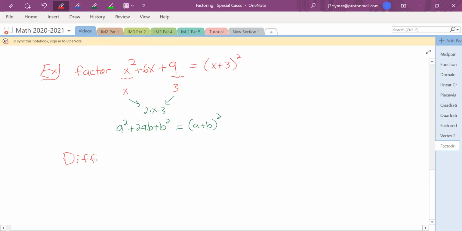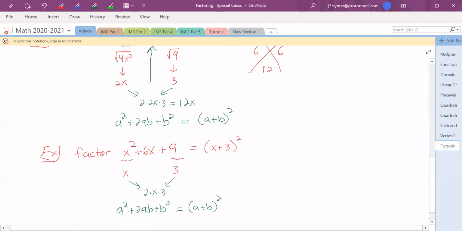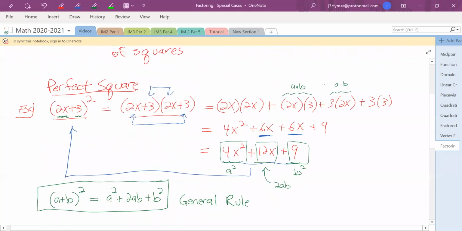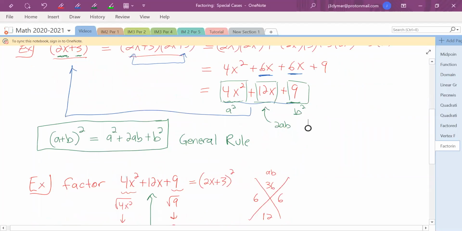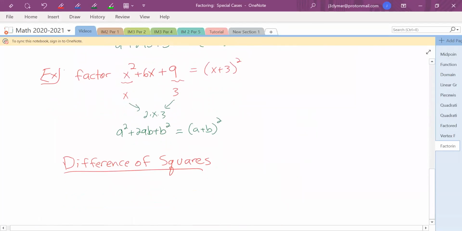Difference of squares. Maybe it would be helpful if I go up here and say this is going to be special case number 1, and this is going to be special case number 2.